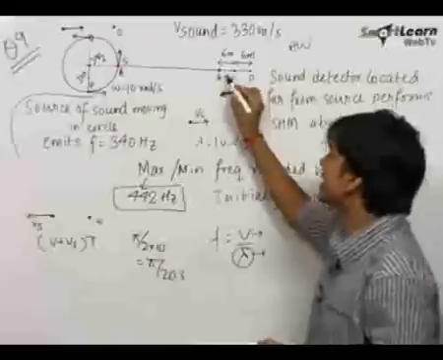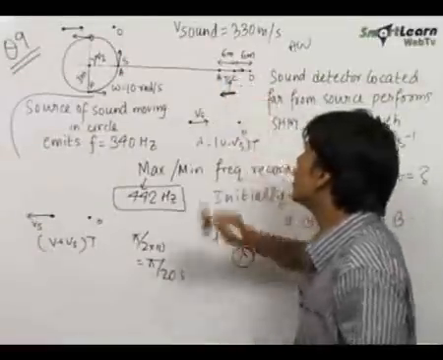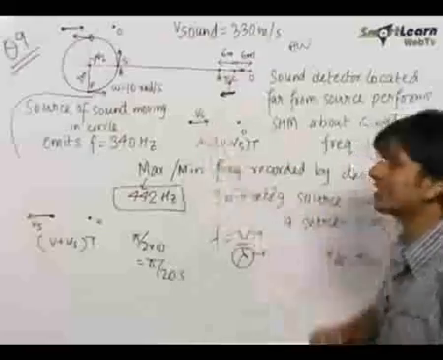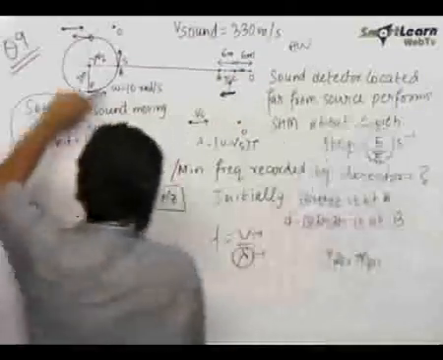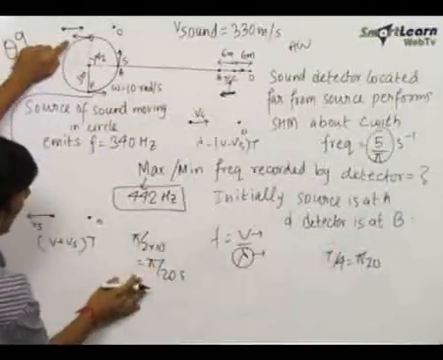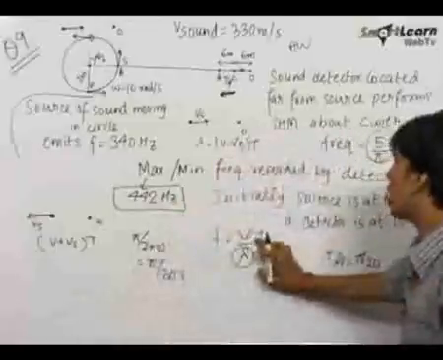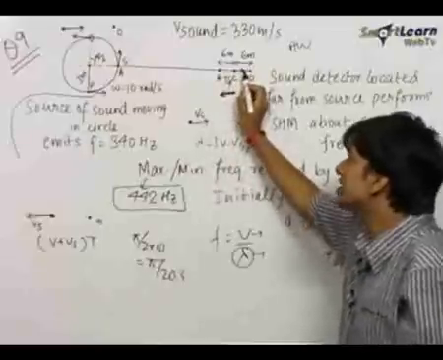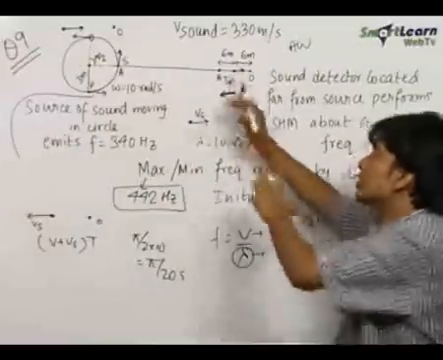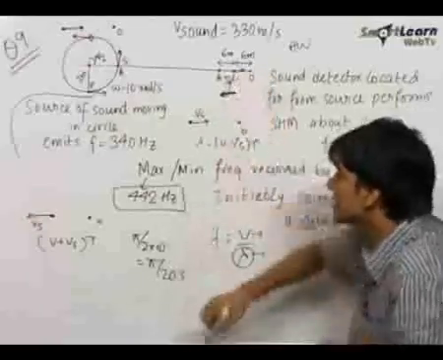Therefore in pi by 20 seconds, the observer is at the equilibrium position and it is moving in the right direction. So we have done two things at a time. The data is such that we are maximizing the wavelength as well as we are minimizing the velocity of sound with respect to observer, because when the observer is moving towards the right direction with its maximum velocity possible, in that case only the velocity of sound with respect to the observer is minimized.